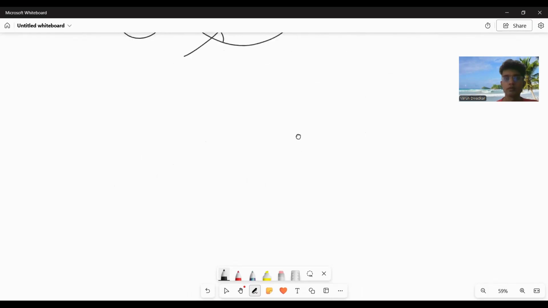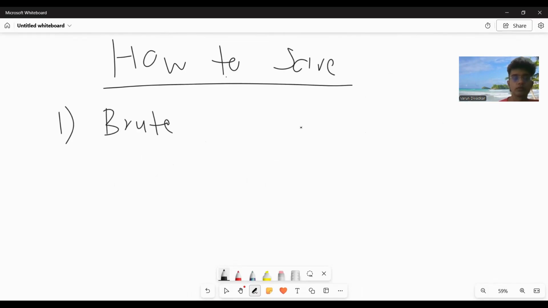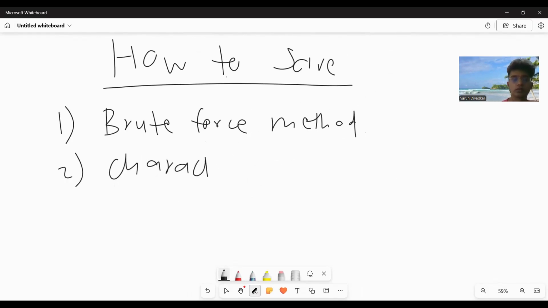Now, another discussion surrounding this is how do you solve them? All right. So there are typically four methods to solve. The first one is the brute force method. Second one is the characteristic equation method.